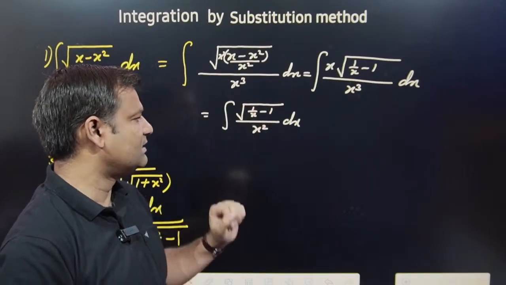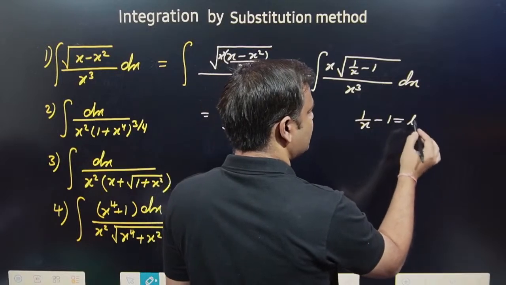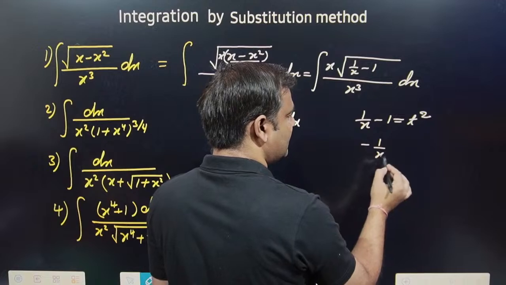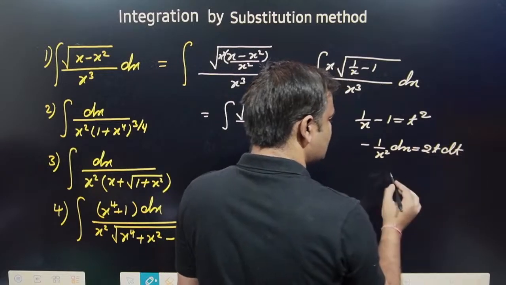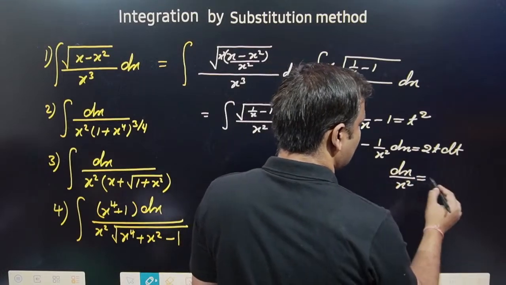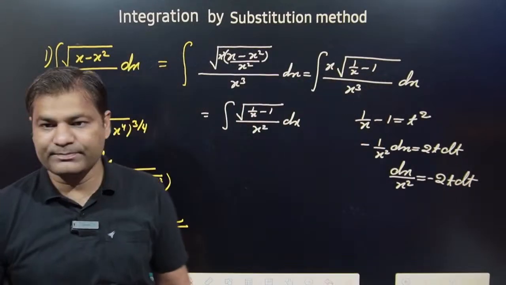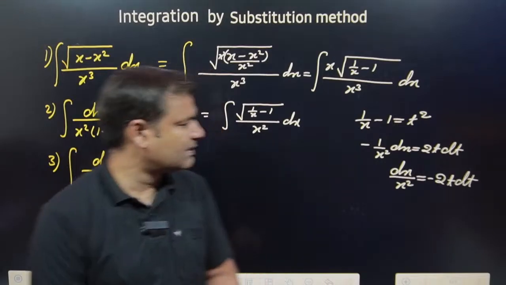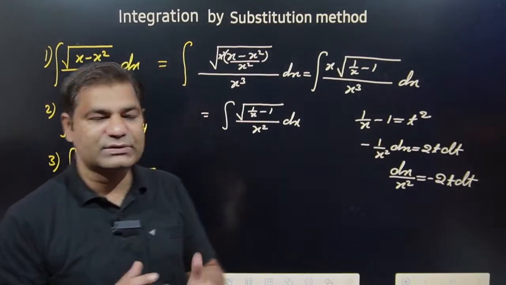If this is taken as t, or you can say that 1 by x minus 1 is taken as t square, then differentiation of this, minus 1 by x square dx, is replaced by 2t dt, or you can say that dx divided by x square is written as minus 2t dt. I hope it is clear. So dx upon x square is replaced by minus 2t dt, and 1 upon x minus 1 is replaced by t square.